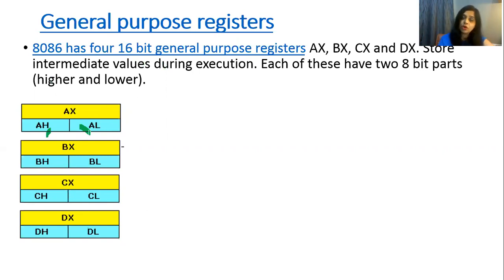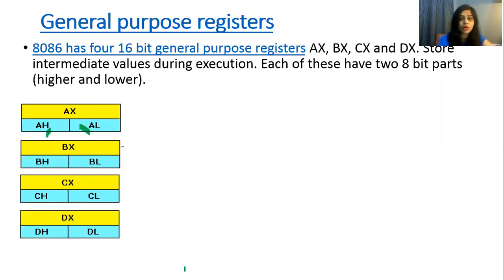That means if you want to store 16 bits of information, name them AX, BX, CX, DX, and if we want to store 8 bits of information, then we have to call them AL, AH, BL, BH, CL, CH, and DL, DH.